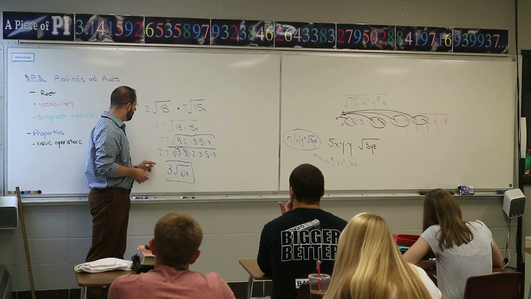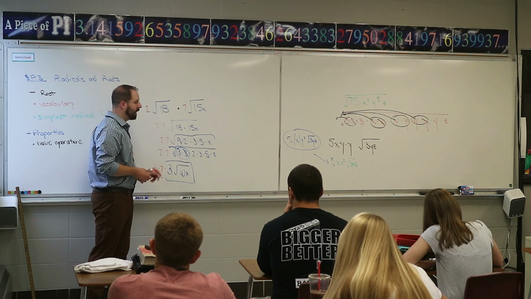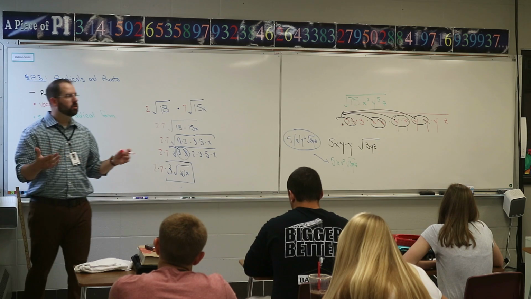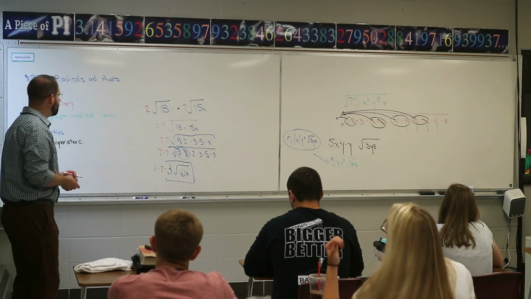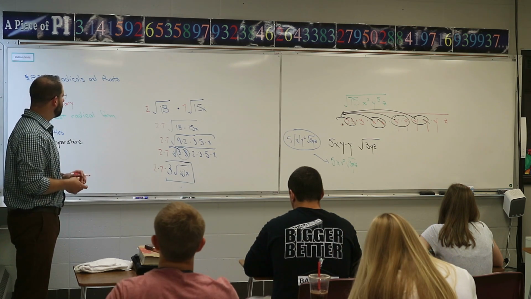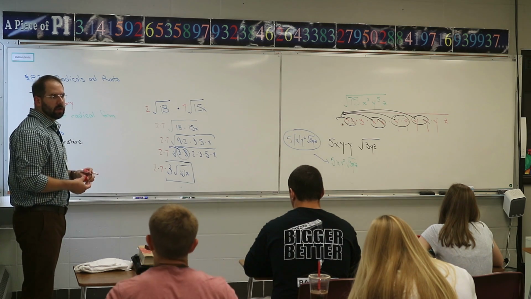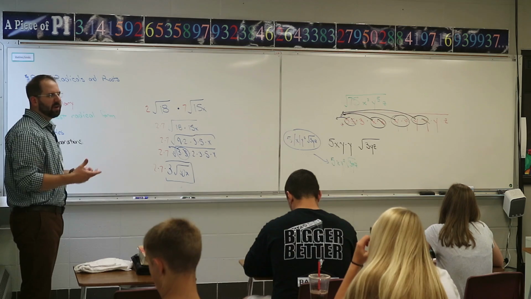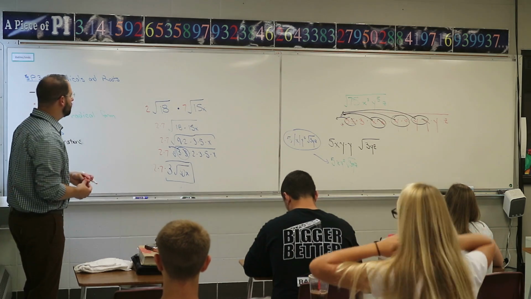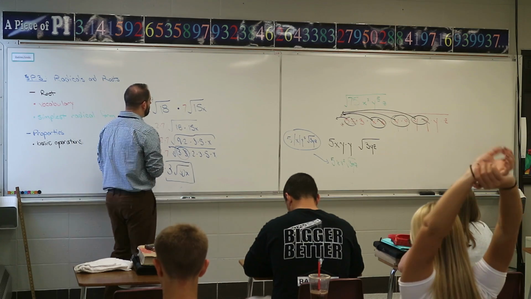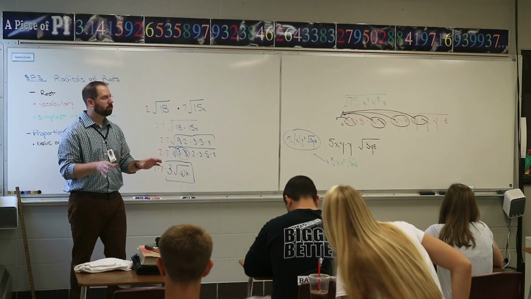So then you'll have 2 times 7 times 3 on the outside, so eventually I have the 42 out there. Questions if they have leading numbers, leading coefficients? I think of a radical like a variable, just like an x. You can multiply the numbers out front. Okay, that's the product rule.